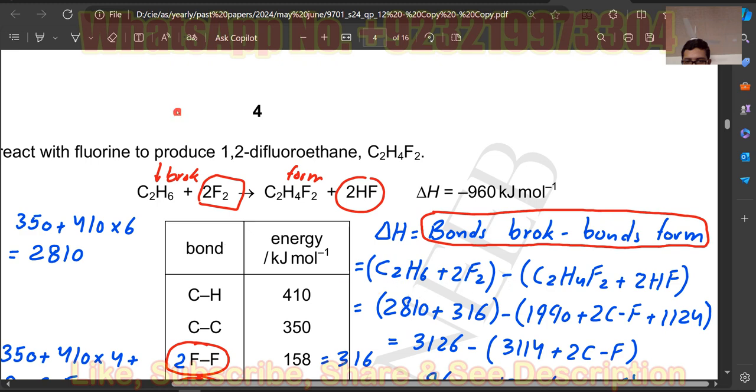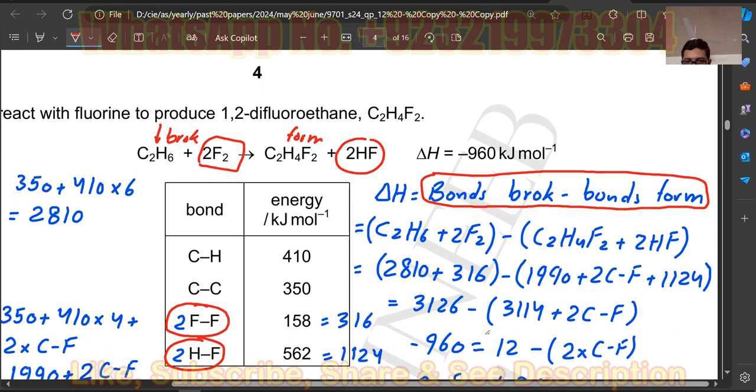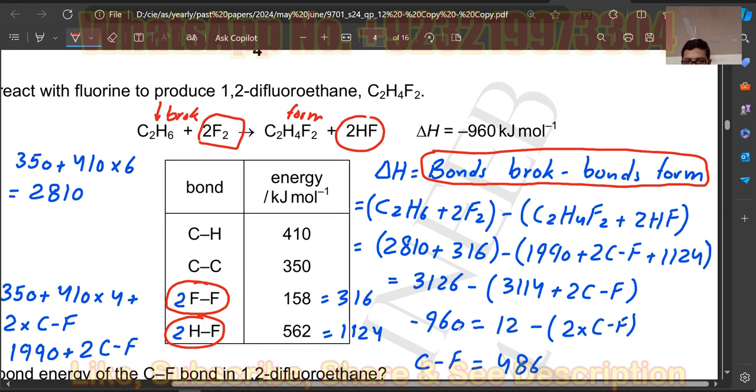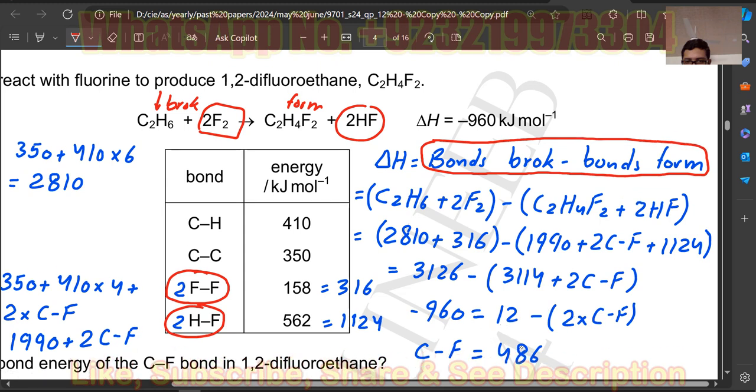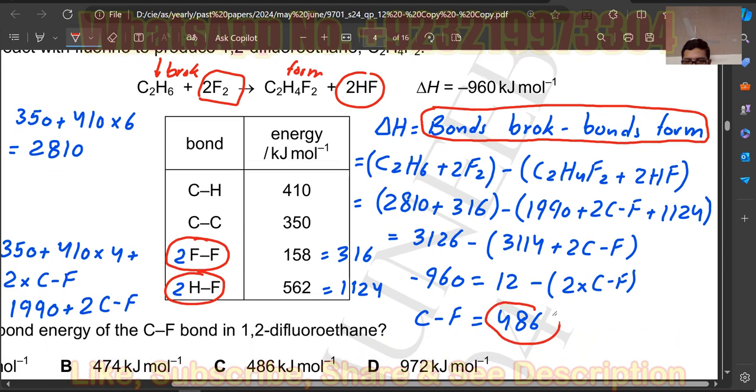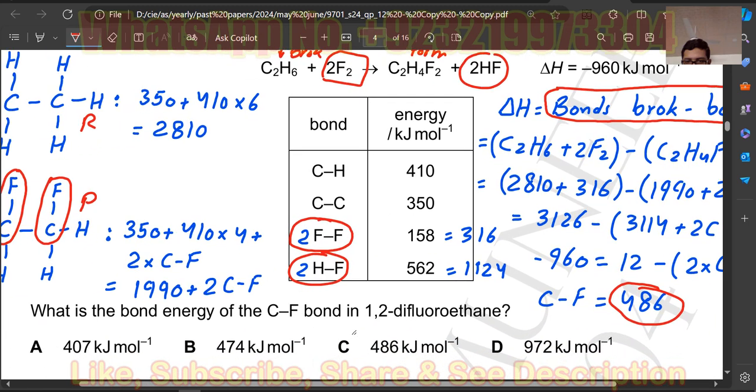So the molecules on the left hand side are the bonds broken, or in other words, these are the reactants, and on the right side these are the products. So putting the values, I get this equation: 4960 minus 960 is equal to 12 minus 2 C-F, and after simplifying it I get the value 486. That's the final answer, and that's why the option is C.